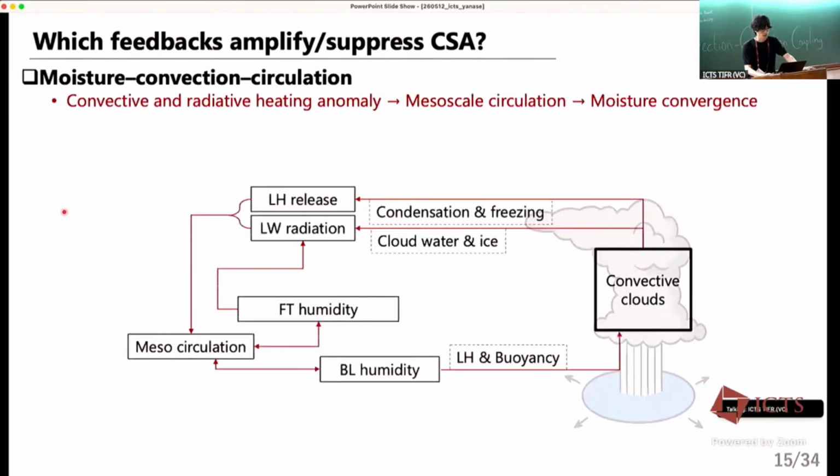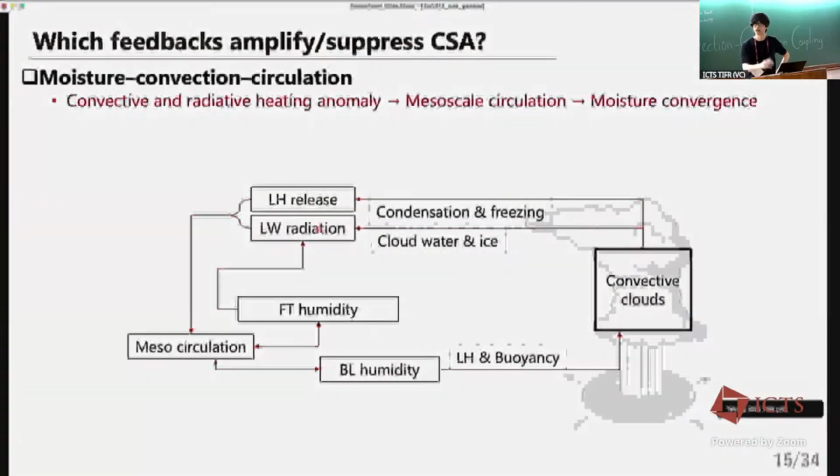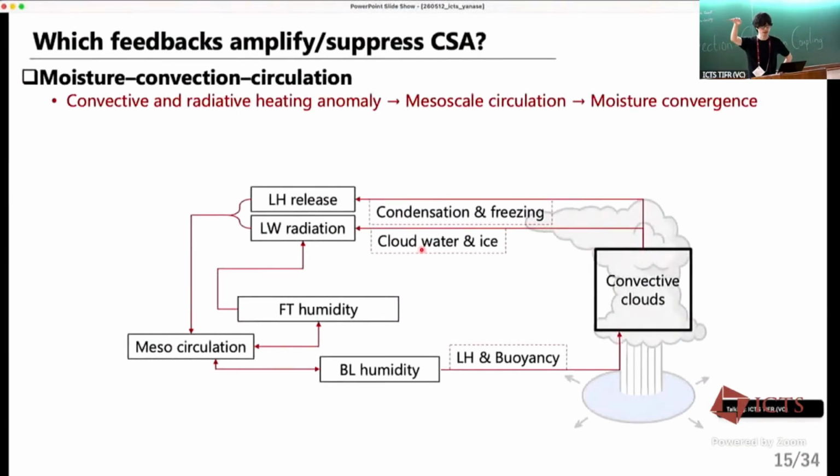The other important feedback is the moisture convection circulation feedback. We have convective clouds and they produce latent heat release. And when we have cloud water and cloud ice, it produces an anomaly of longwave radiative cooling and a warming anomaly. If we believe the weak temperature gradient, when we have the heating anomaly, it should be balanced by upward motion, because adiabatic cooling should balance diabatic heating.